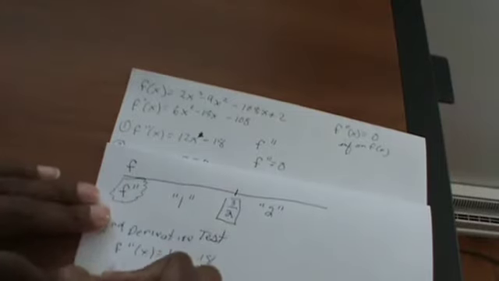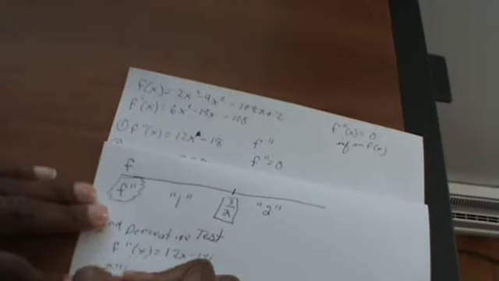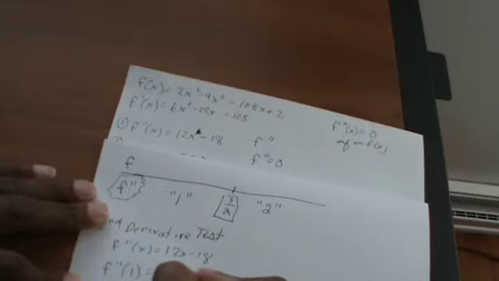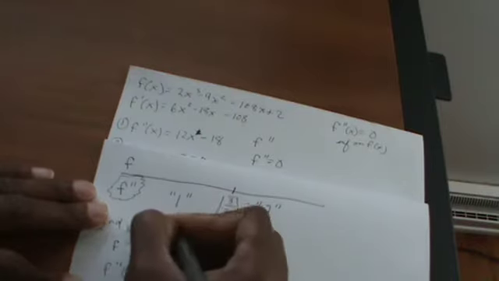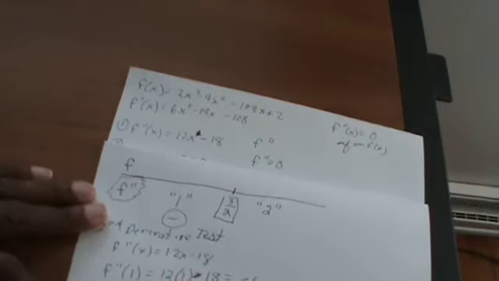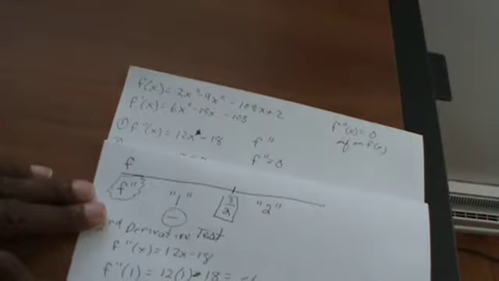All right, so we want to plug these 2 x values into our second derivative. At 1, 12 minus 18 equals -6. Negative spit out there. At 2 equals 12 times 2 minus 18. So it's 24 minus 18 equals positive 6. Positive value is spit out there.